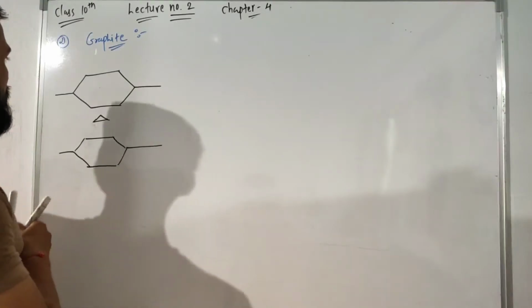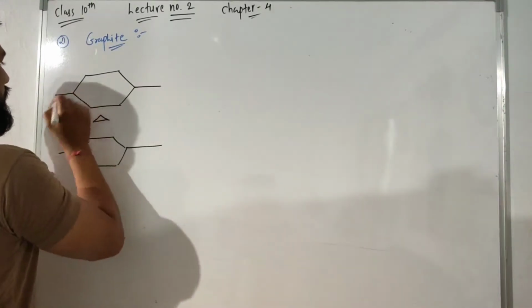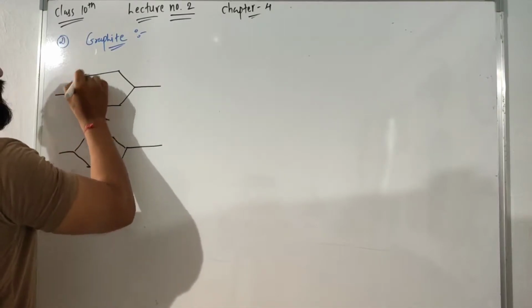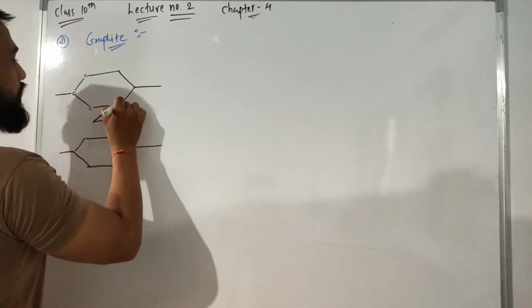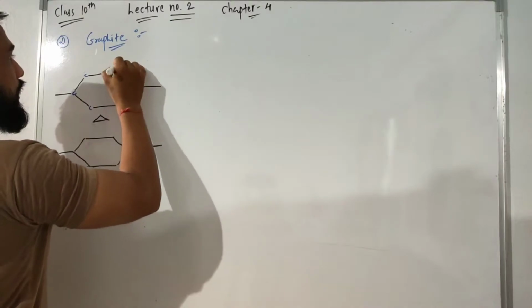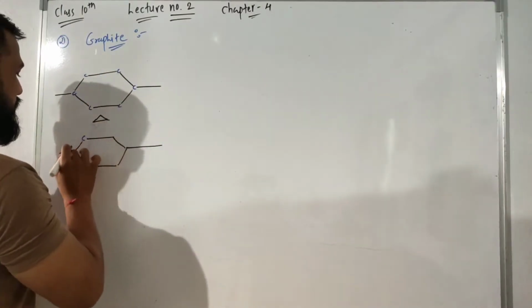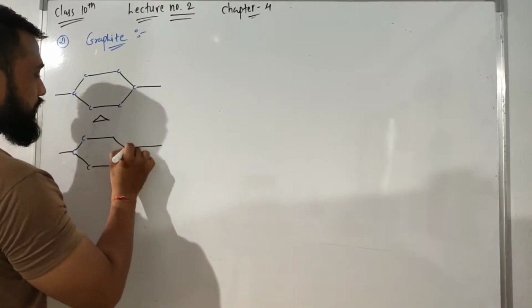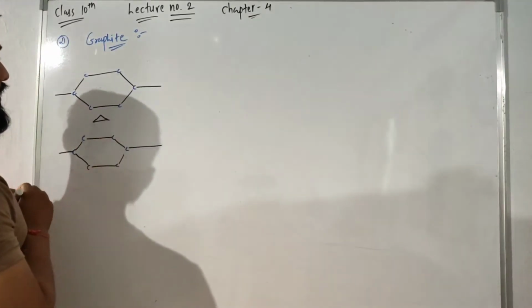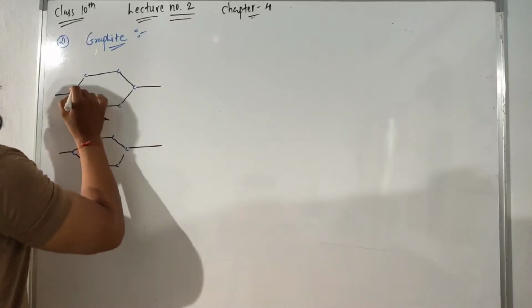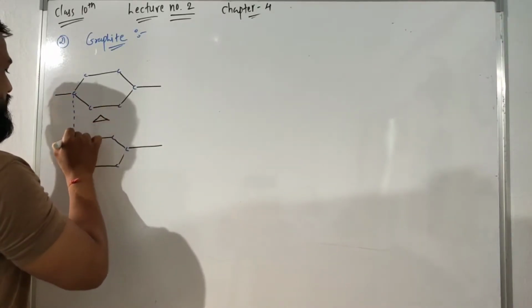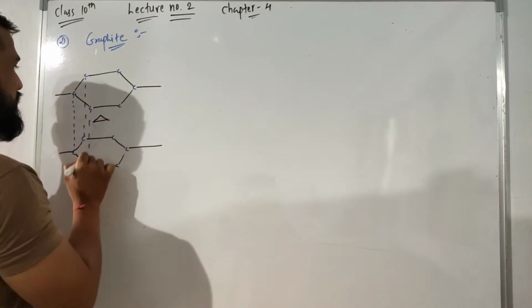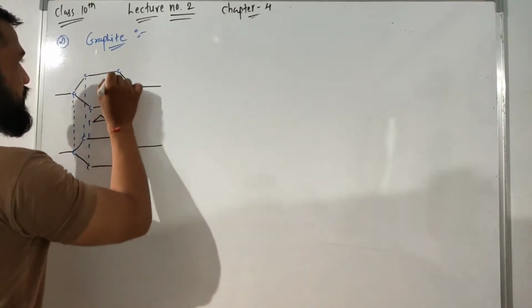These all have carbon at all the joints. All carbons are present, and they are combined like this: this with this, this with this.